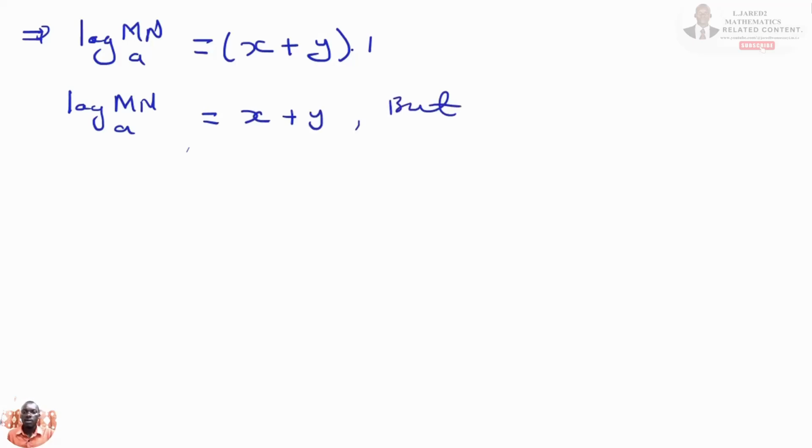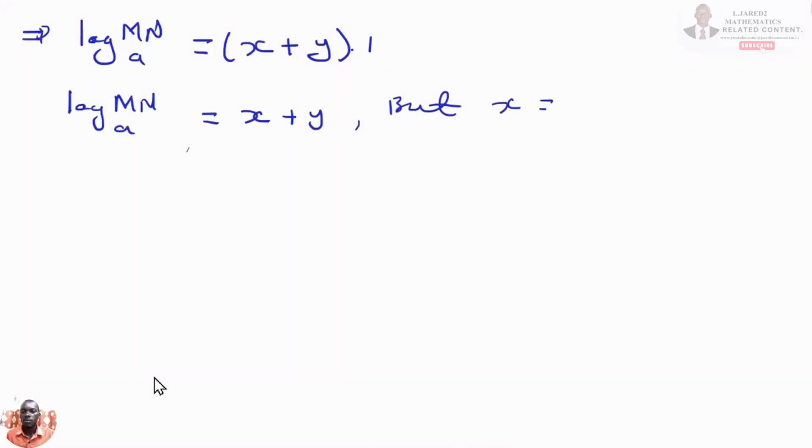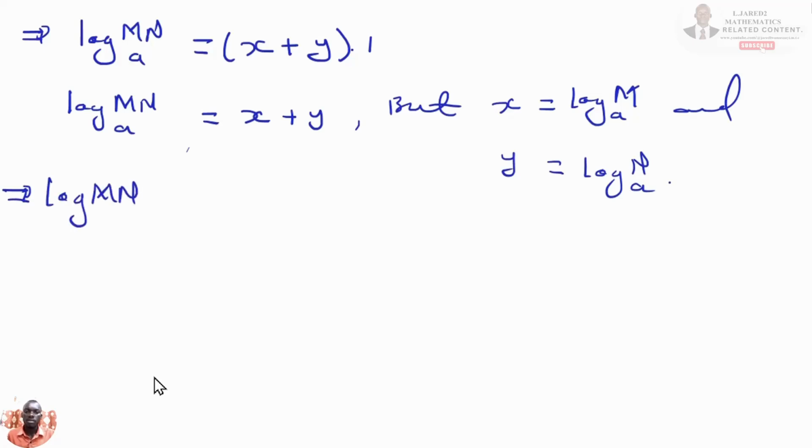But earlier on, we said that we let the log of m base a be x and the log of n base a be y, implying that x equals the log of m base a and y equals the log of n base a. So as we substitute in, we have the log of m n base a being equal to the log of m base a plus the log of n base a as required.